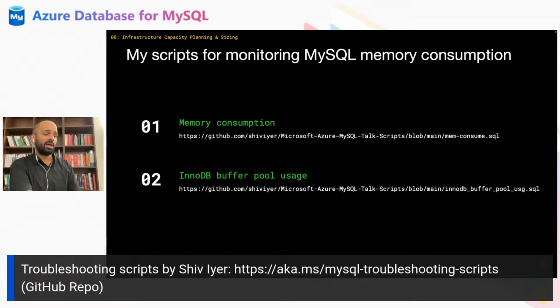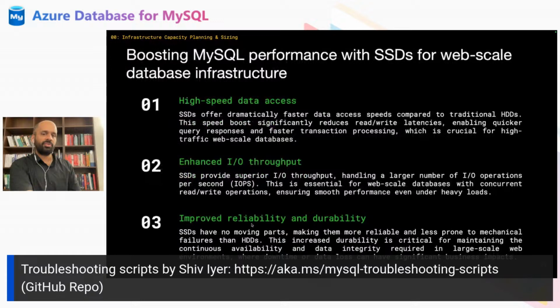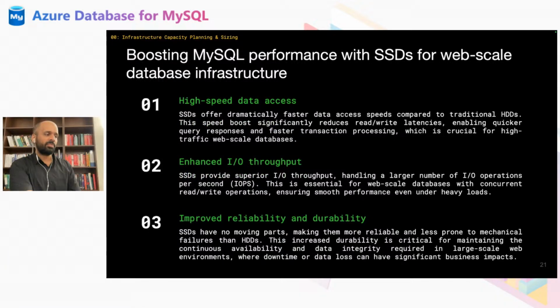And the metrics which I use, like the InnoDB buffer pool usage. Like I said, I don't believe in the thumb rule. When I get the evidence, based on the evidence, I size my database. The next one, like I said, faster SSDs for web scale really work fast, considering the IOPS as well as the time to recover.